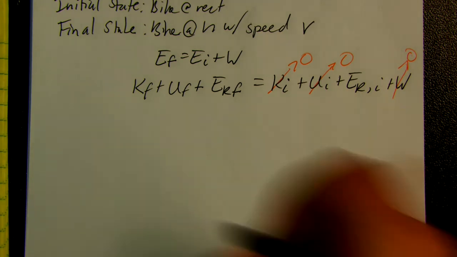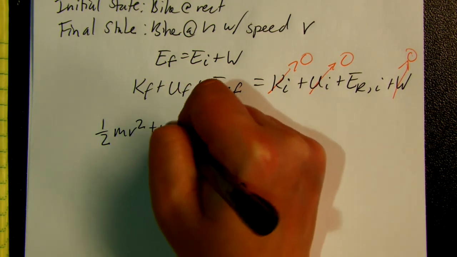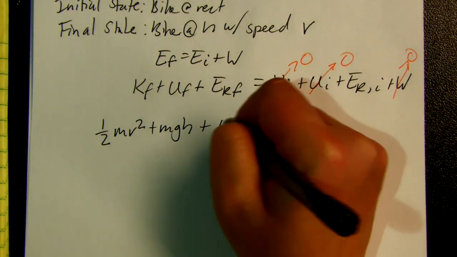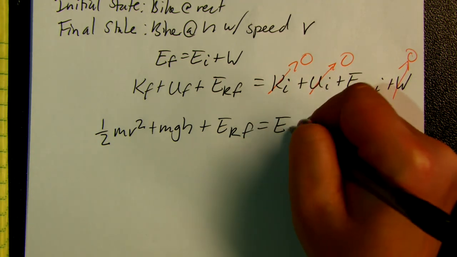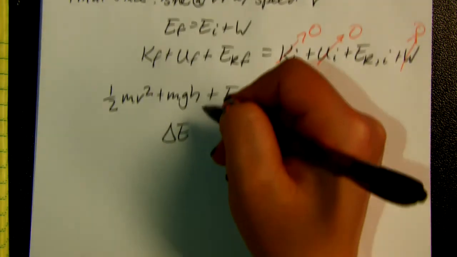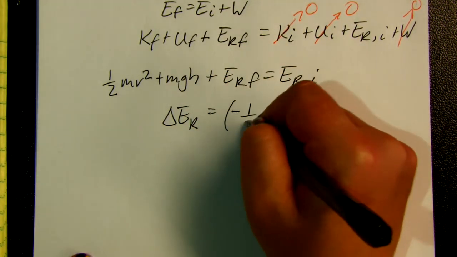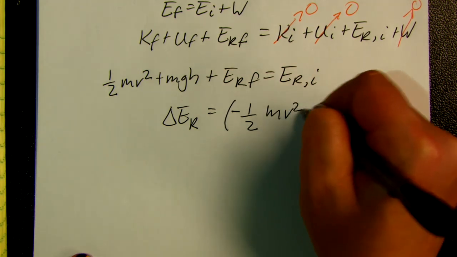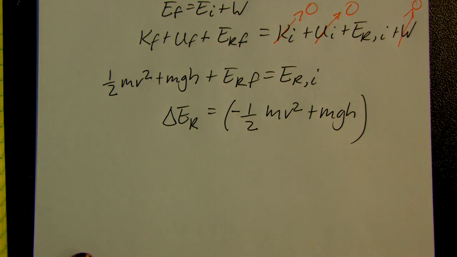And so we're left with 1/2 mv squared plus mgh plus the energy of the racer final is equal to the energy of the racer initial. So the change of energy of the racer is equal to minus (1/2 mv squared plus mgh). Not that surprising.